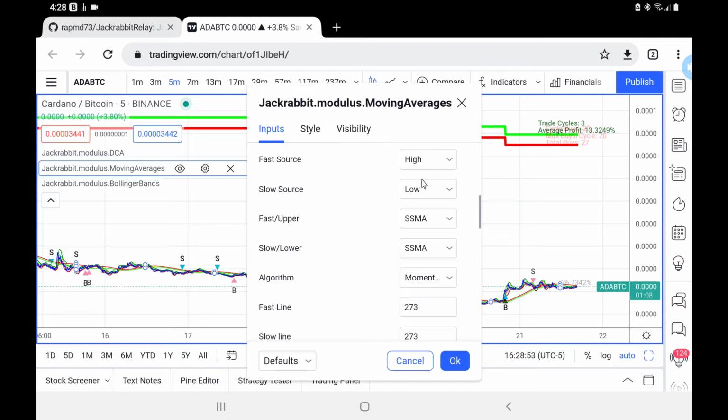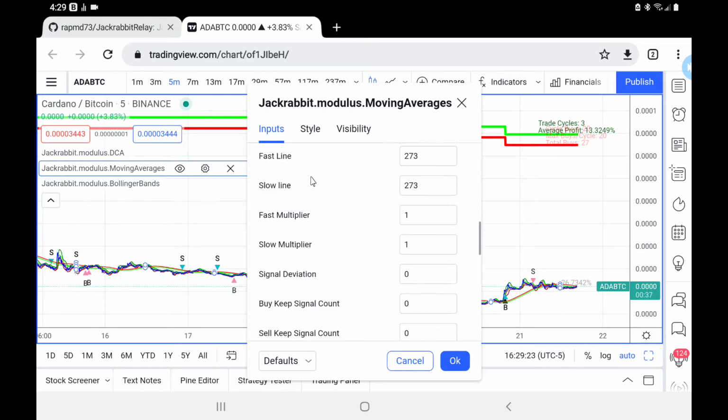Because the biggest hurdle of using BTC as a currency is, even though ADA may be going up in price, if BTC goes down in price, ADA still goes down in price, even if it is climbing in value. So I chose a super smooth moving average for both momentum and 273 as my window.